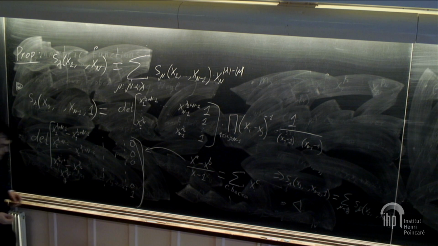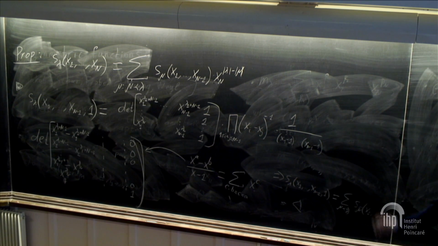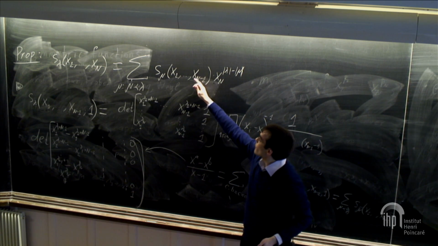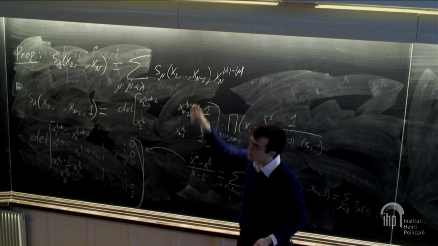Let us make some corollaries. If I did one step, I can make all other steps and write this polynomial as a sum, with xn, then put here xn minus 1, and so on.